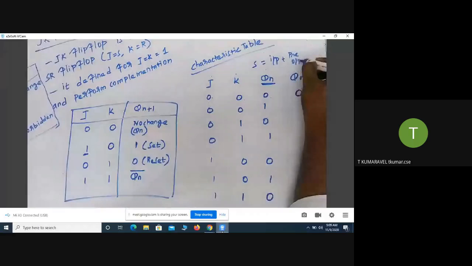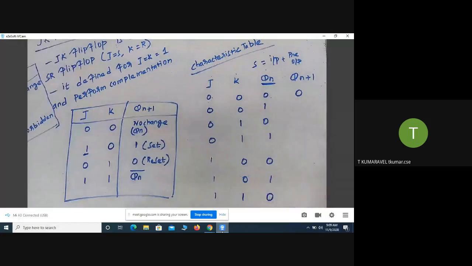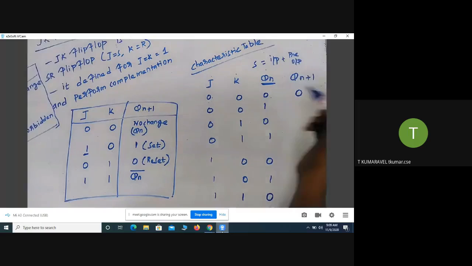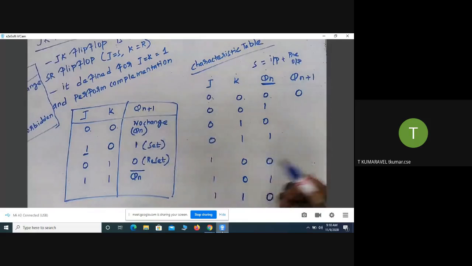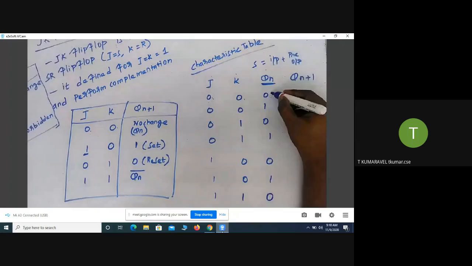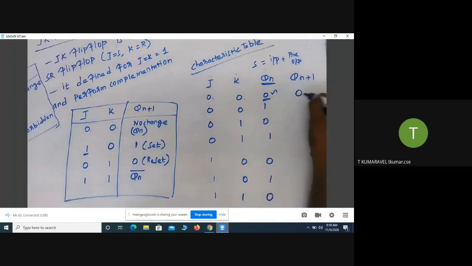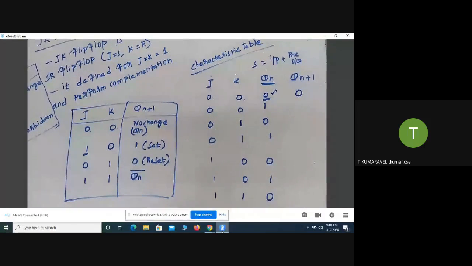JK is the current input, and Q1 is the previous stage output. Now I define the current state output. If J equals 0 and K equals 0, it will retain the previous stage, meaning whatever the previous output value was, it retains it. Q1 is the previous stage output, which is 0, so I write 0. Is it okay for you?